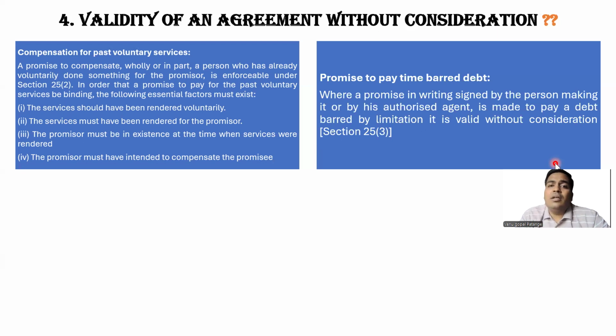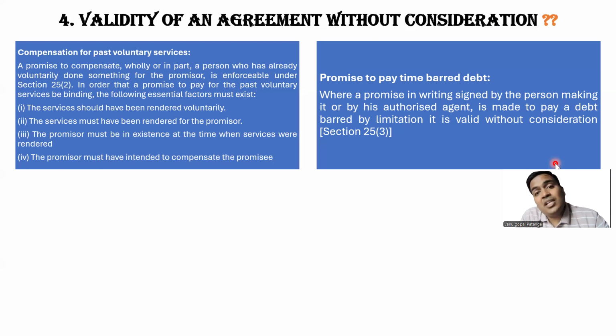So once this time has elapsed, can A collect money from B? The answer is generally no. But if B promises to A again that he wants to pay 50% of the money, or 40% of the money, in this case A is not going to supply any material.